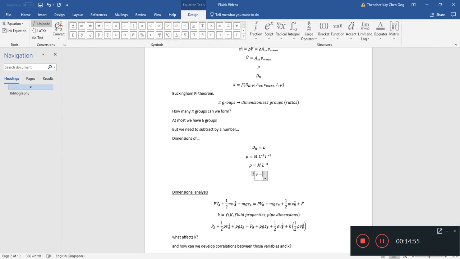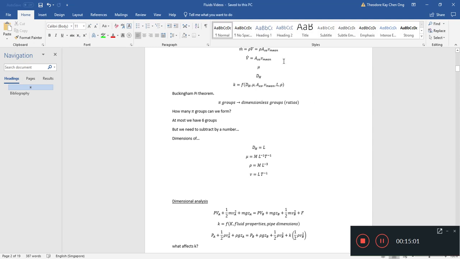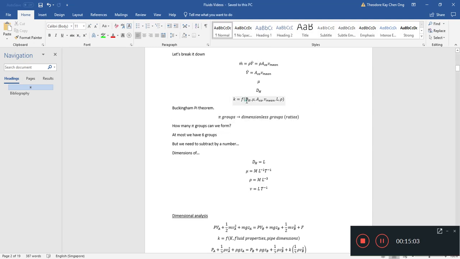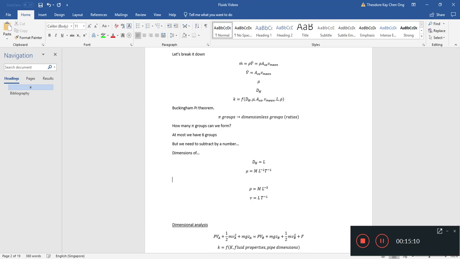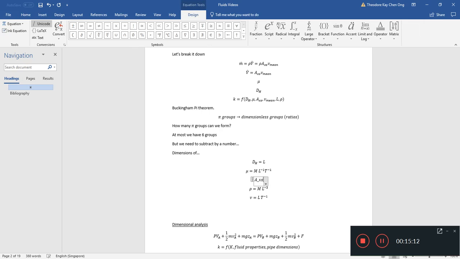And that is just length per unit time. And what about viscosity? We need cross-sectional area, A_XS, which equals length squared.